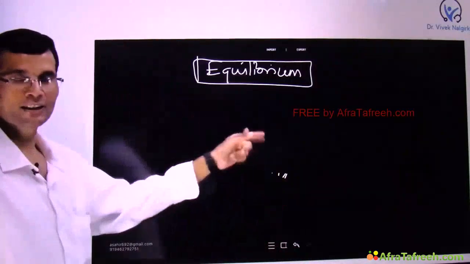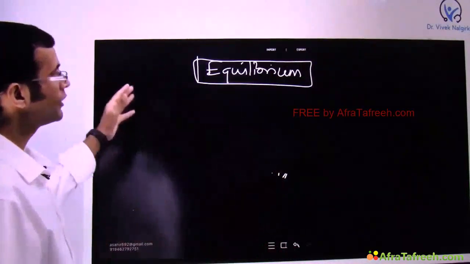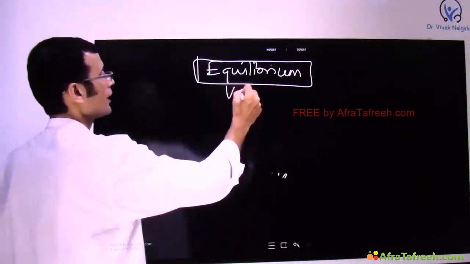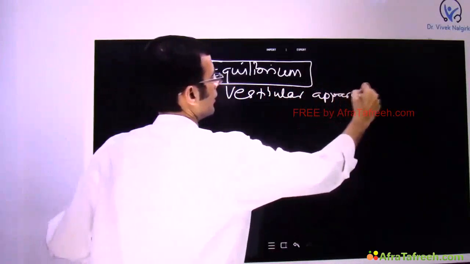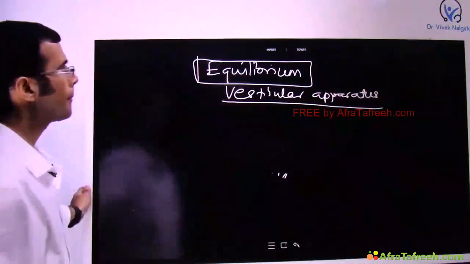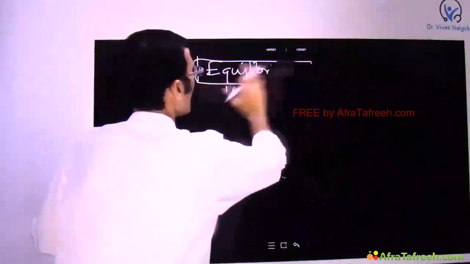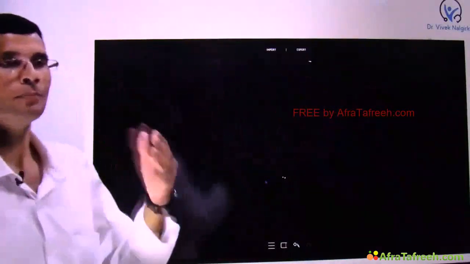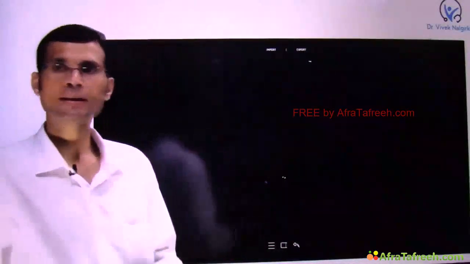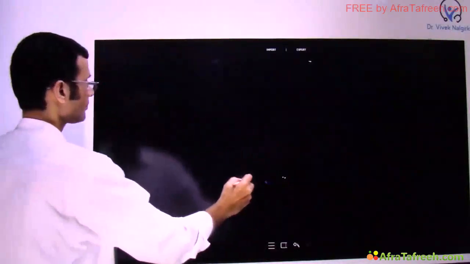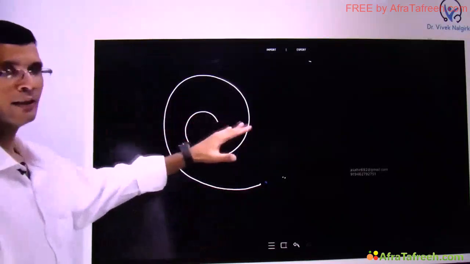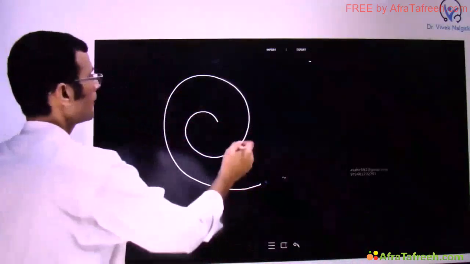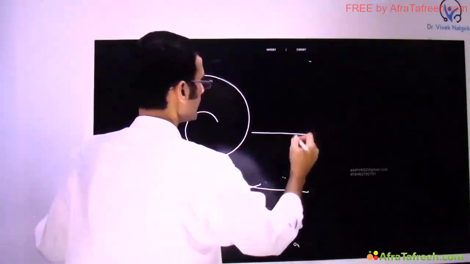Let's try to understand the answer now, with the process of equilibrium, the vestibular apparatus. Basically, the petrous part of the temporal bone has the bony labyrinth, and inside the bony labyrinth there is the membranous labyrinth. The membranous labyrinth has two parts. One is the cochlea, which we saw, the organ for hearing, and the other part is the vestibular apparatus.